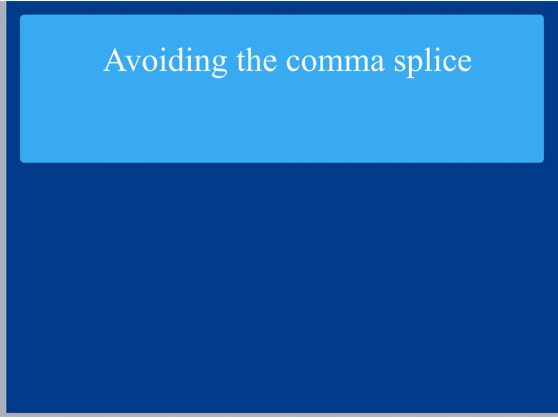So, if you're looking at your writing, let's say the man sat in the park, he ate a sandwich. Comma splice or not a comma splice? The man sat in the park, he ate a sandwich.